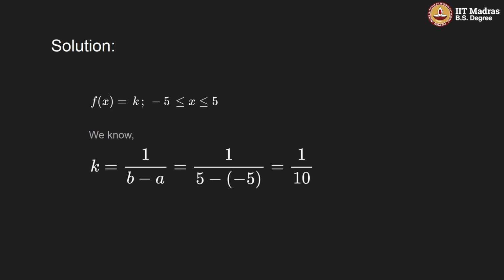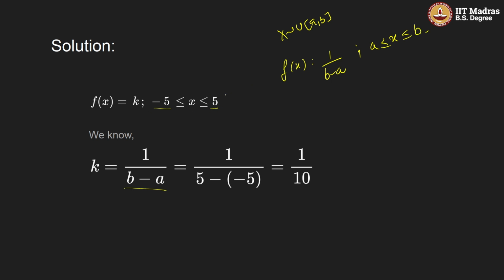So f(x) is k, the values of x are going from minus 5 to 5, and we know that the PDF of a uniform distribution is given as 1 upon b minus a, right? So if we have been given some PDF of a uniform distribution, the limits of x will be going from a to b only.